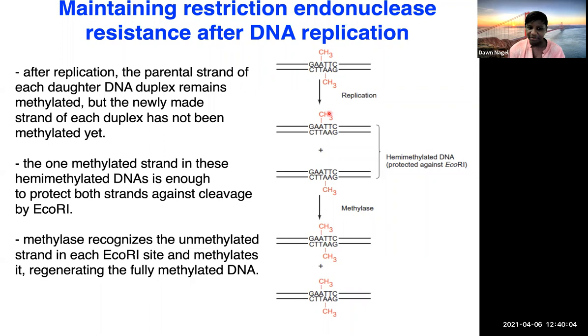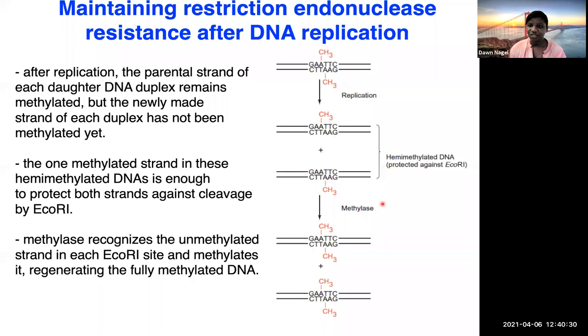DNA replicates semi-conservatively, so this is always going to be the case. You're always going to have the parental strand with at least 1 methyl group on that DNA. This is what we call hemi, because it's not full, it's just partial. This hemimethylated DNA is enough to protect against cleavage by endonucleases.